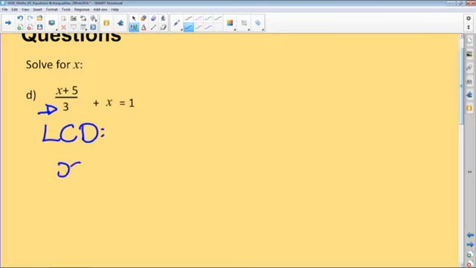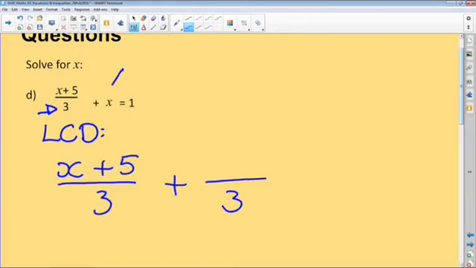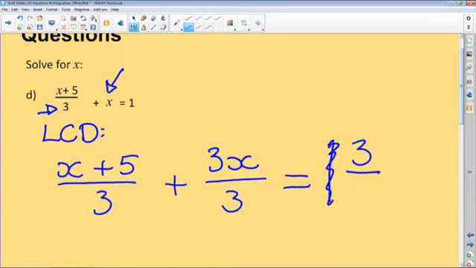So that means I have x plus 5 over 3 plus, and now I'm going to put this x over 3, which means I'm going to make it into 3x over 3. Okay, and that is equal to 1, which I don't like. I'm going to change that to 3 over 3.